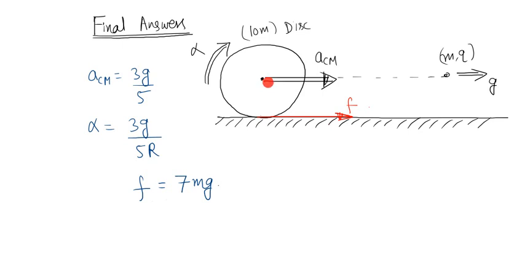So both the disk as well as the particle are being accelerated towards the right. It was not evident initially. Initially I thought that the disk would be accelerated towards the left, but finally after writing the torque equation I found that the disk is also getting accelerated towards the right.